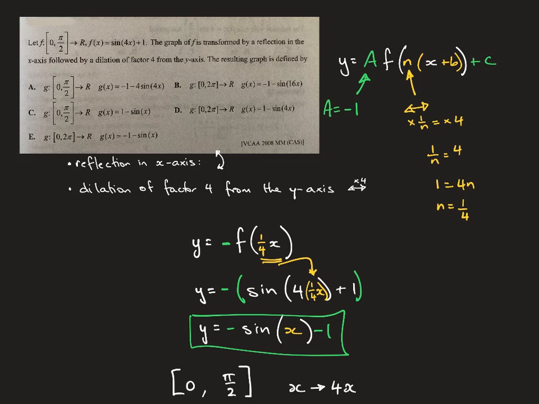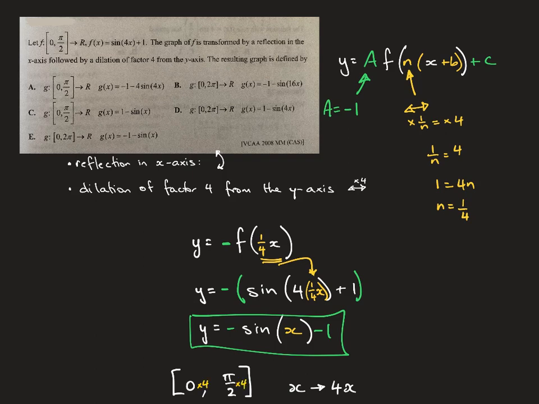This is our mapping pattern for a dilation by a factor of 4. Now, it's different in our formula because remember our formula is working with the final formula. We're working just straight with the individual value here. So we're going to take each of those domain values and times them by 4.